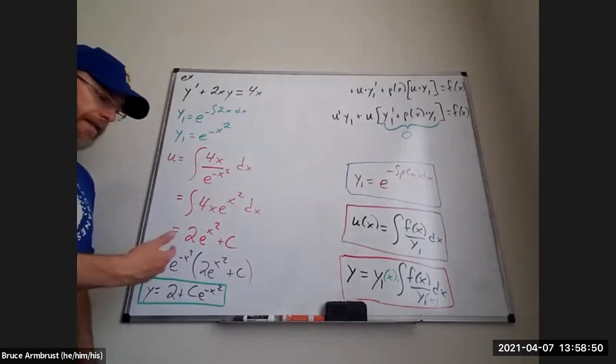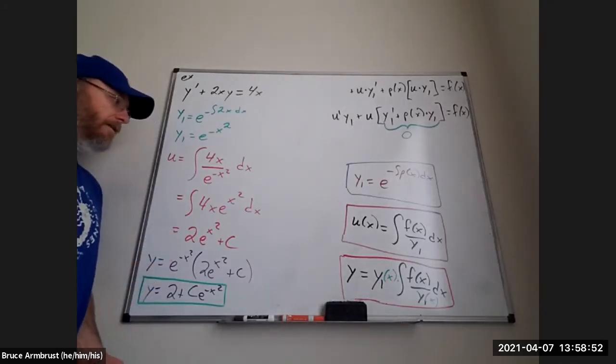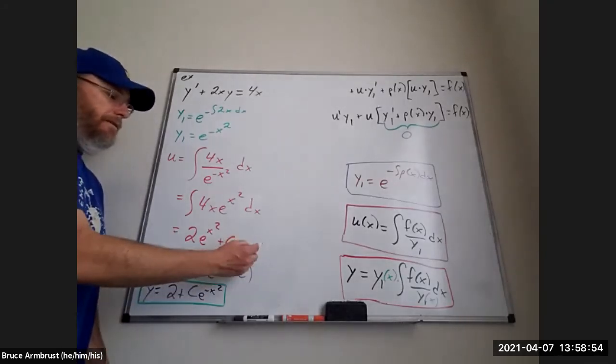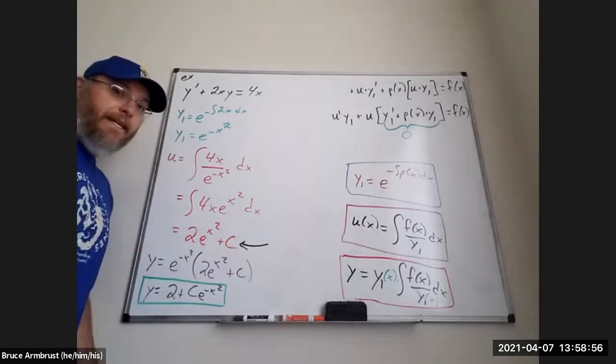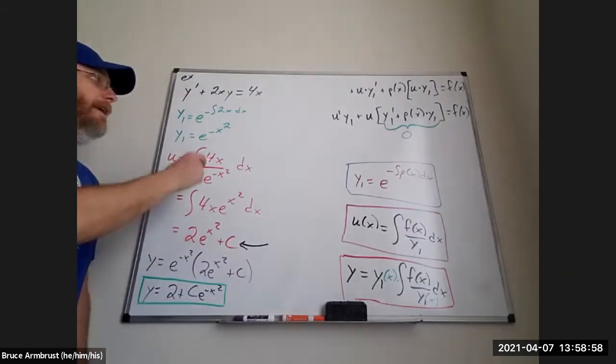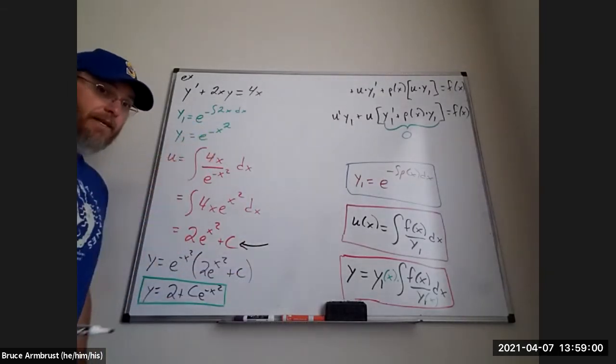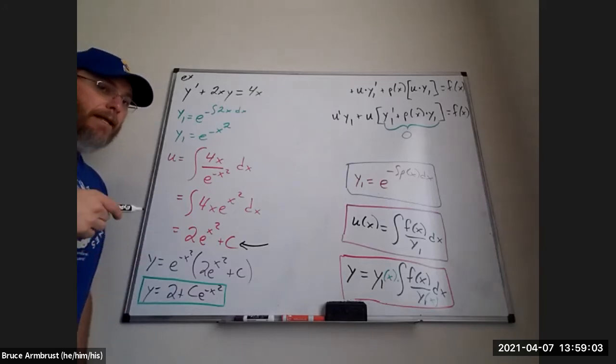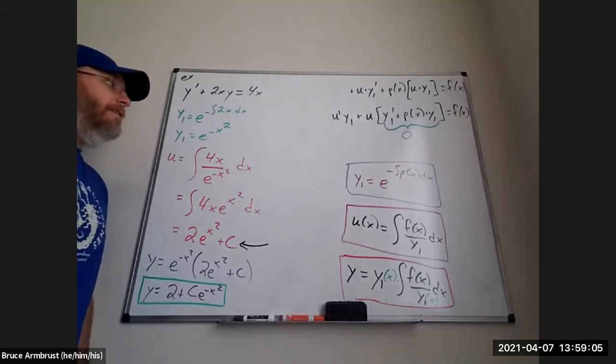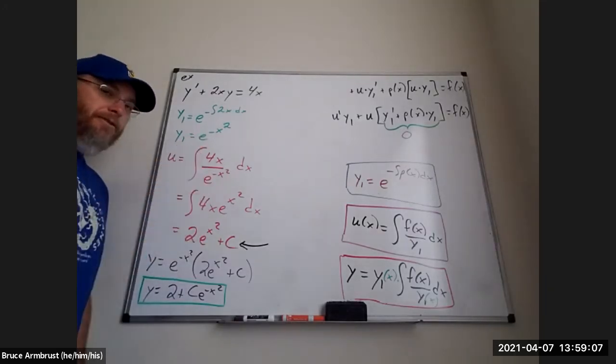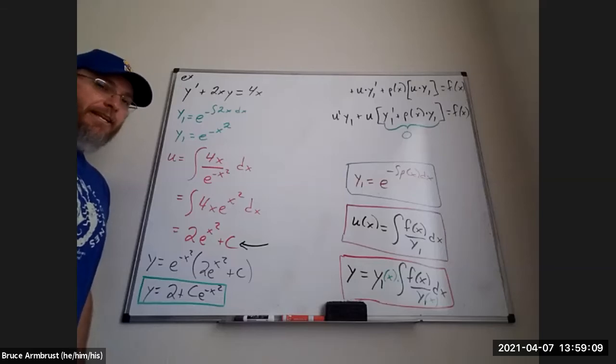I do want to point out one more thing though. Notice that I did include my plus c in my integrating factor, right? I didn't just drop that one off. Unlike up here where I didn't have a plus c, but that's because when I found a solution to the homogeneous, it just had to be any solution. I could have chosen any of them. So I chose a nice one.